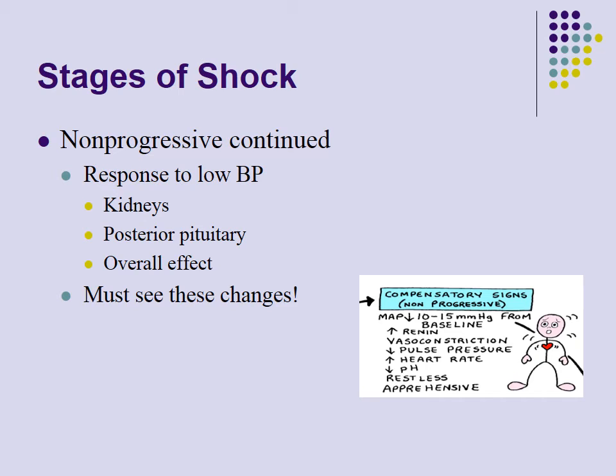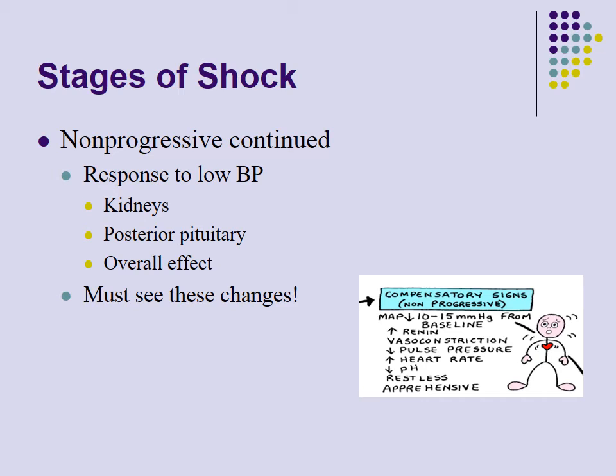Our urine output will drop. We're going to retain sodium and water by absorbing it through our kidneys, and so that's going to help to increase our blood pressure. Also, with this renin-angiotensin response, we will see vasoconstriction occurring.